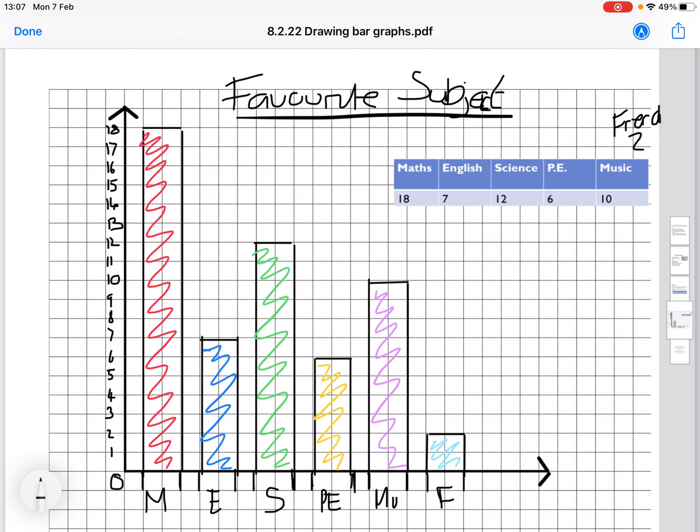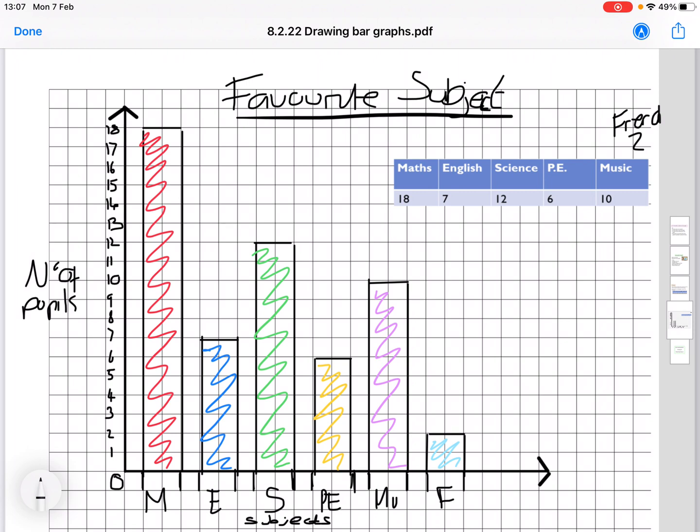We have a sensible scale. We need labels for our scales. So the numbers is number of pupils, so I would write that up the side. And then along the bottom, this was subjects. Okay, so you need to have your title, your labels, your scale, and then your bars drawn out nice and neatly.